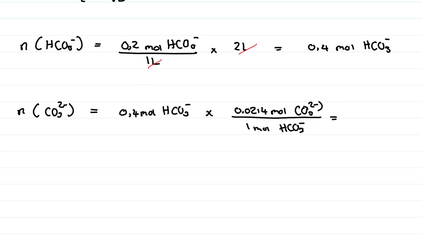The units cancel out, and now we have 0.0085, no, let's say 0.0086, which is equivalent to 8.6 multiplied by 10 to the power of negative 3 mole of the base.